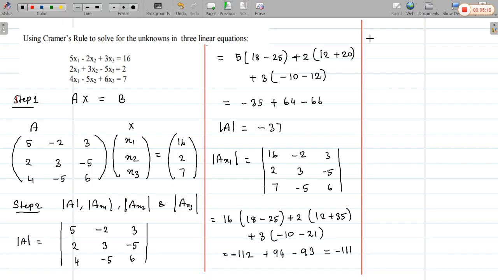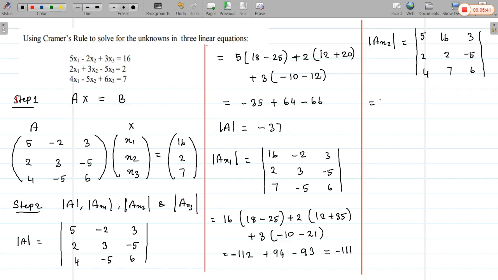What is the determinant of Ax2? Now we replace the x2 column by b, right? So b is replaced in the second column. So 5, 2, 4. So 16, 2, 7. 3, minus 5, 6.